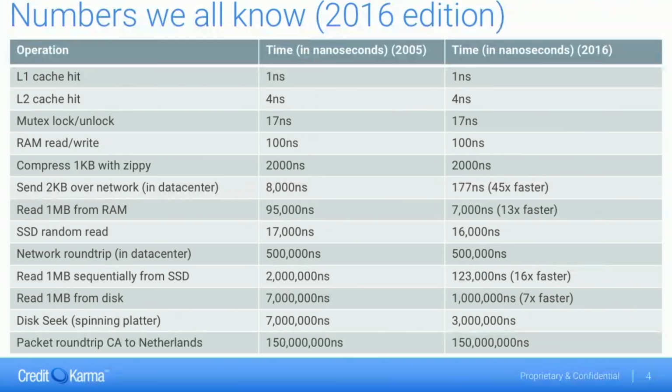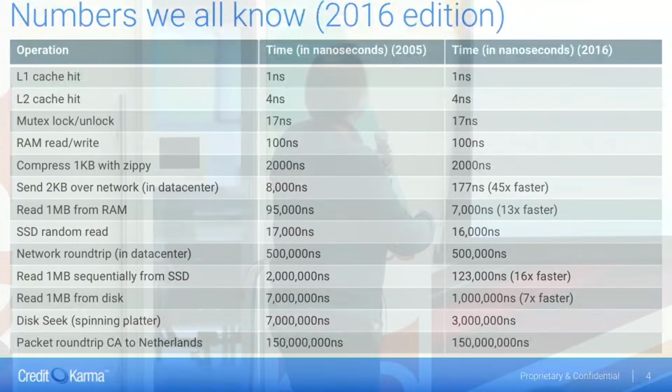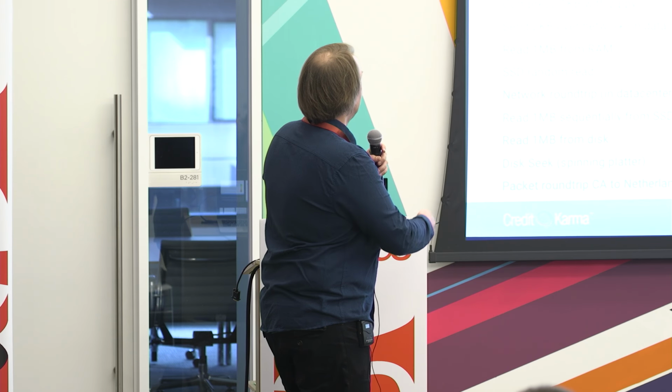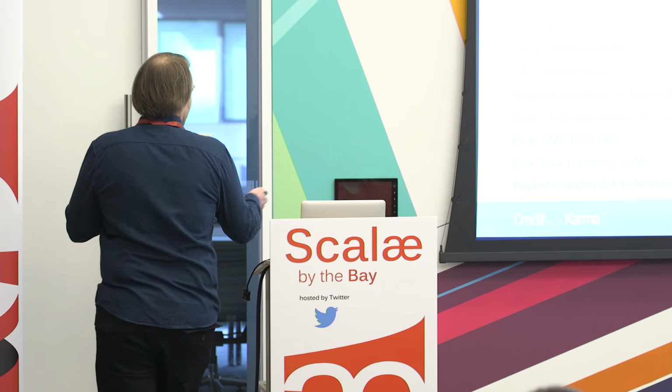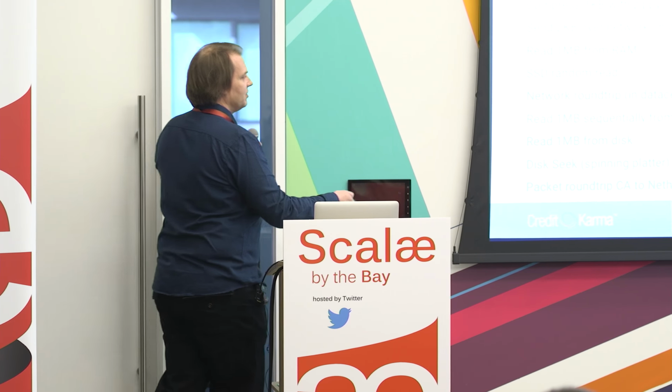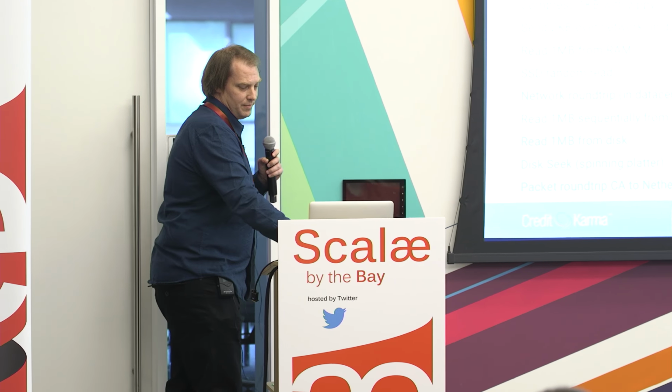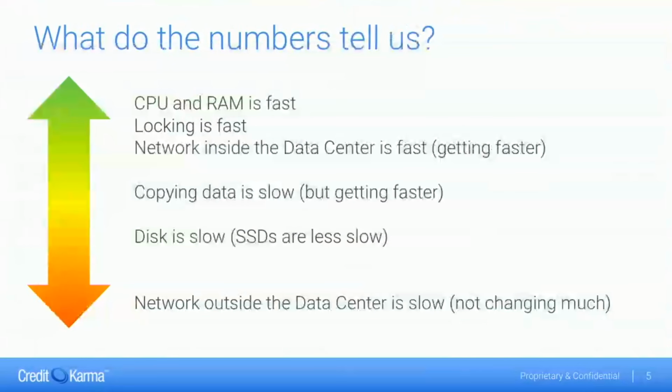But if you look up and down, you see a lot of common things that you'll do inside of a computer program. You'll see accessing disk here. You'll see compressing things here. And down at the very slowest, as always, is going around the world on the network. And so what do the numbers tell us? They tell us that CPU and RAM are very fast, that locking tends to be very fast, and networking inside the data center is amazingly fast.